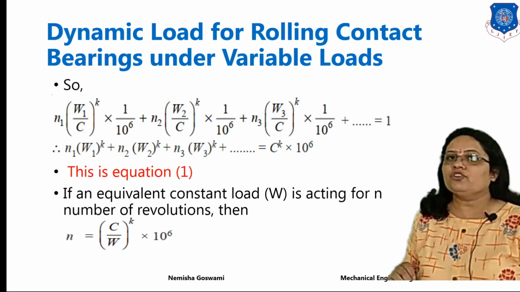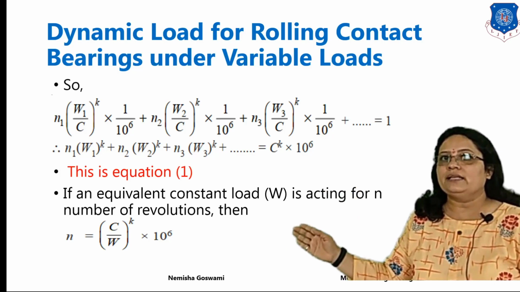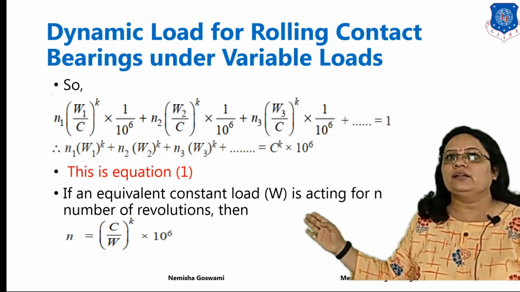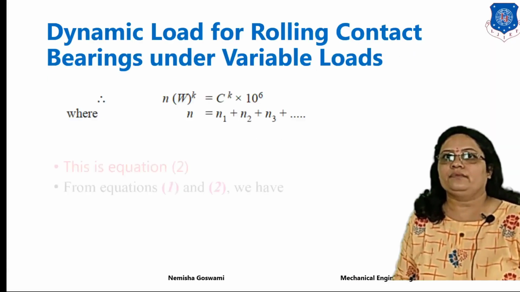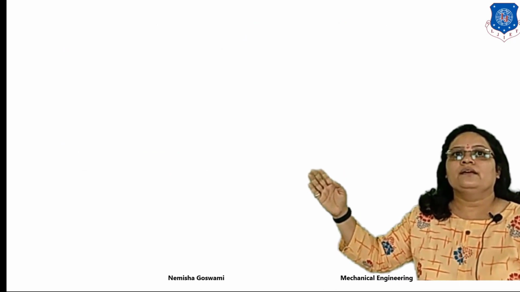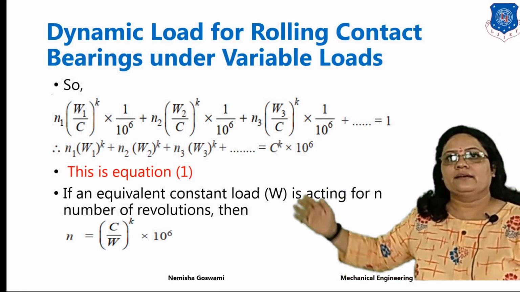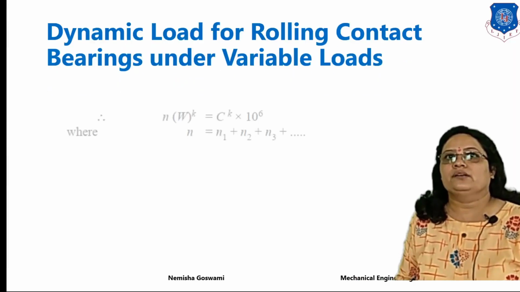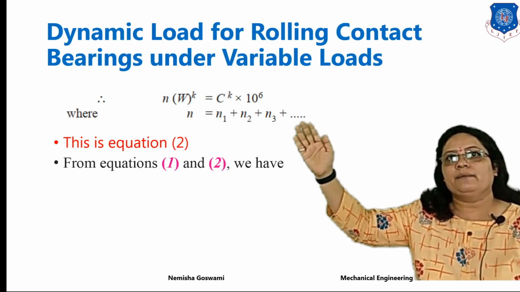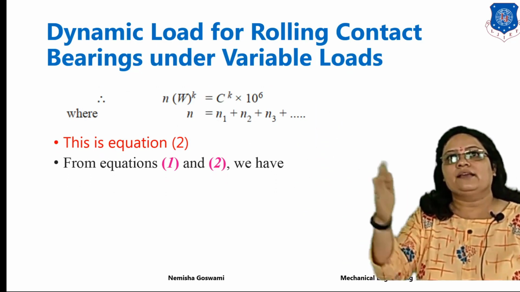Similarly, for an equivalent constant load W acting for N revolutions, N is equal to (C divided by W) to the power k into 10 to the power 6. Again we shift W towards N, so we get N W to the power k is equal to C to the power k multiplied by 10 to the power 6, where N is equal to N1 plus N2 plus N3 and so on, right?